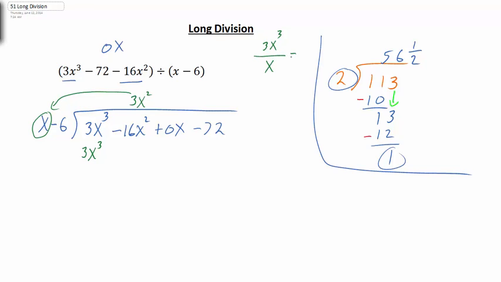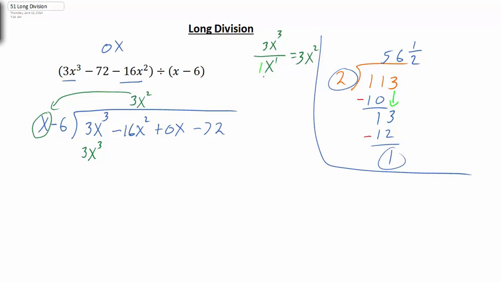What's going to be left? Well, this is understood to be a 1, so 3 divided by 1 is simply 3. And then x cubed divided by x is x to the first. And when you divide, we subtract. So 3 minus 1 is 2, so you're left with 3x squared. So that's where the 3x squared is coming from on the top.